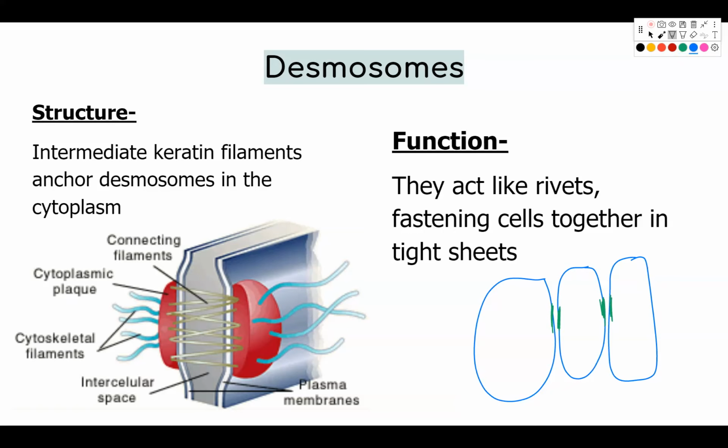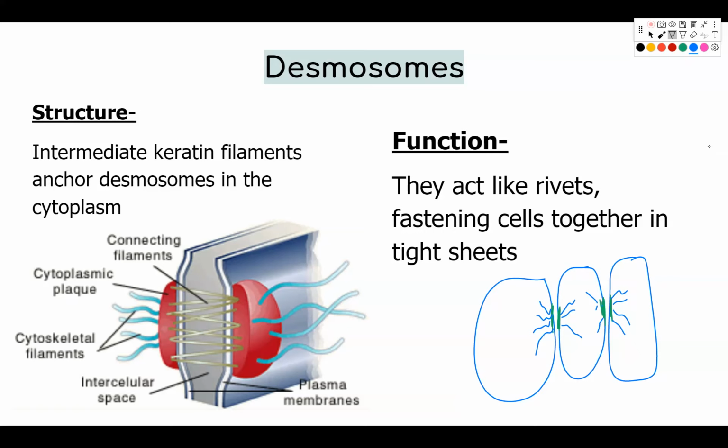And what's happening is we have our cytoskeletal filaments or keratin filaments on one side. So we are again using the internal cytoskeleton of our cells to anchor those together. So those tight junctions are relying a lot on the structure of the cell membrane, but these desmosomes are going to go one step further and use the cytoskeleton of the cell as an anchor.